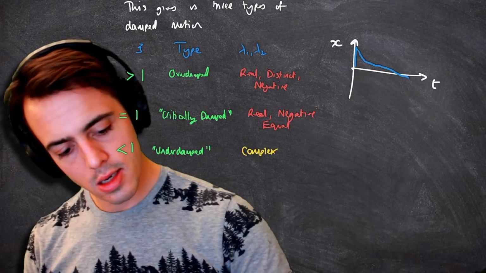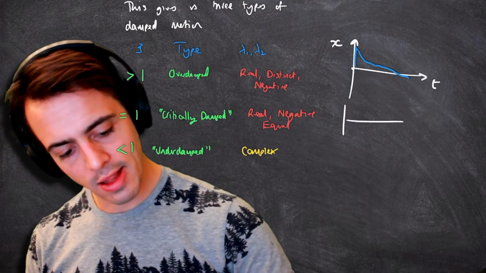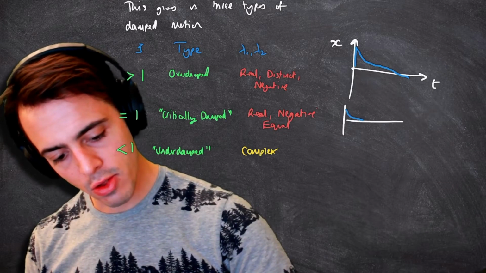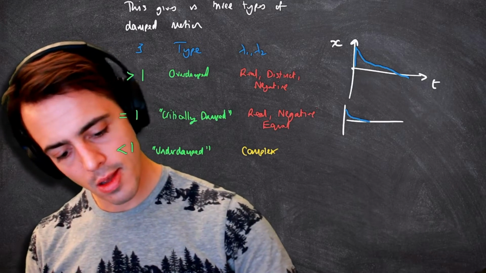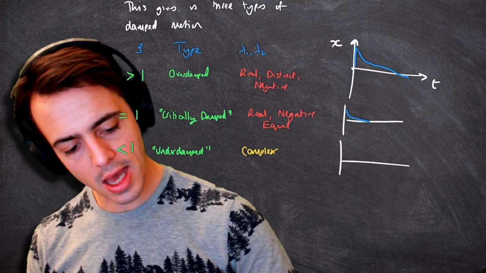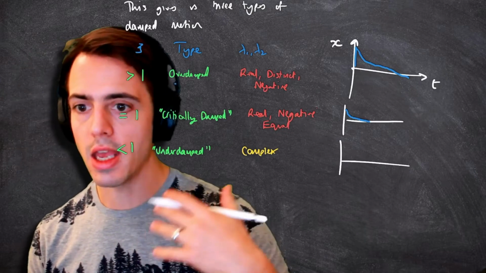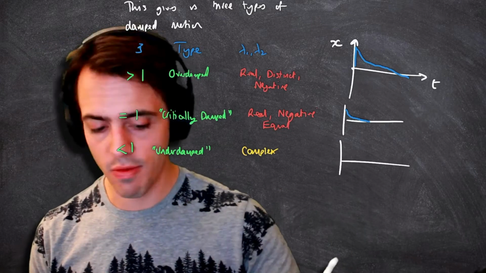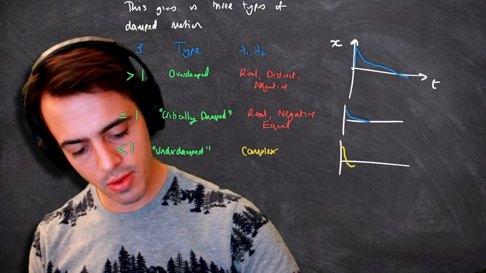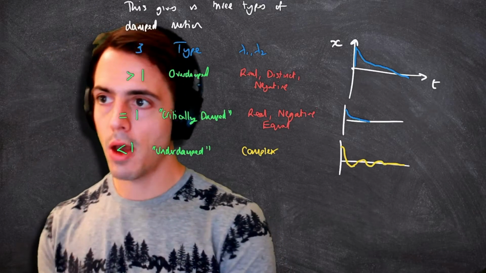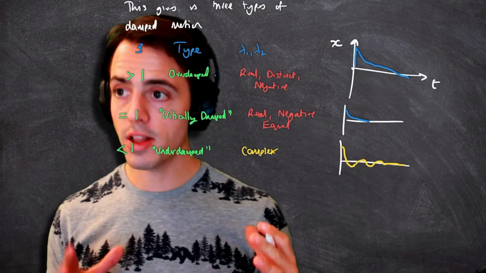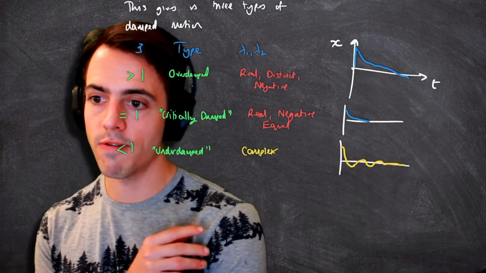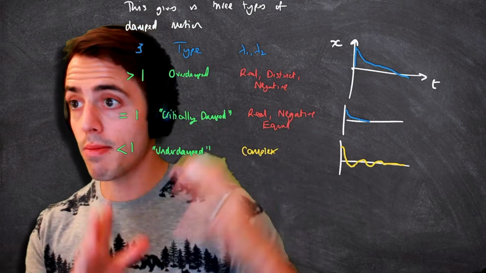If we have critically damped motion, then we have a return to 0 in the shortest possible time. And if we have a complex pair, then we have an oscillatory response. So these are the three types of damped motion that can occur for the mass spring damper system.